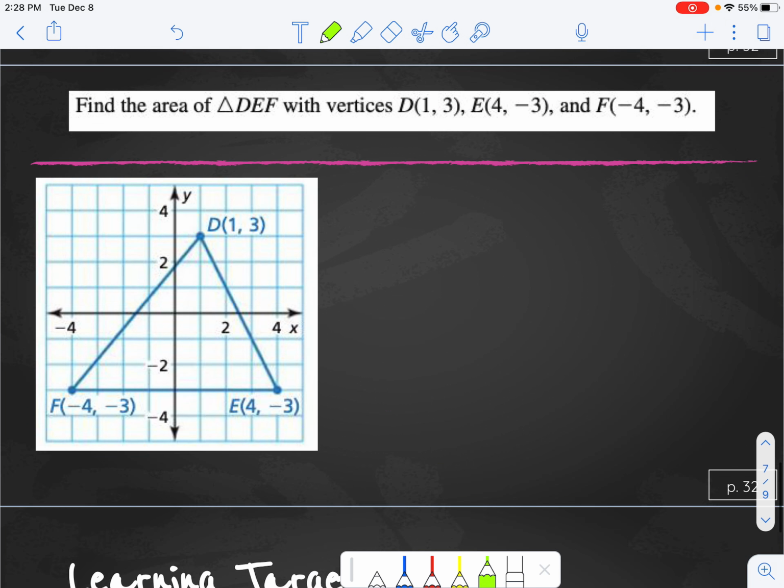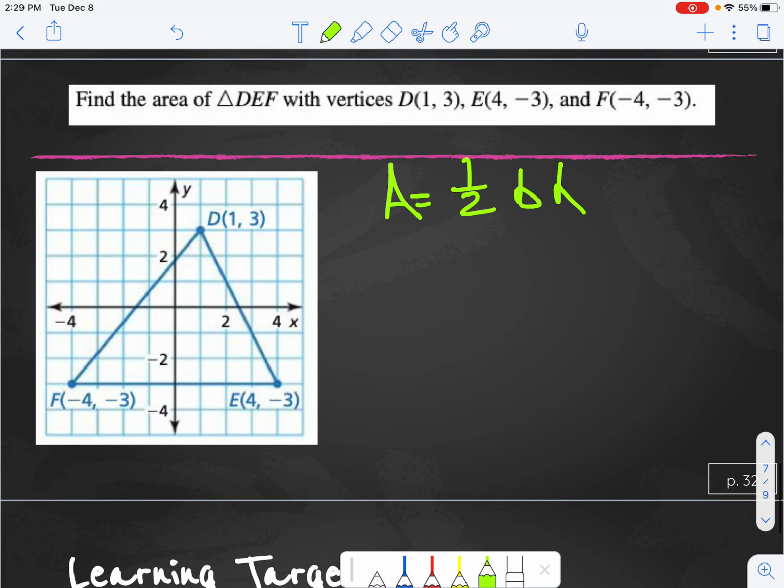What you might also see, they might say find the perimeter, and then you could see something about finding the area. Now we know that the area of a triangle is 1/2 of the base times the height.